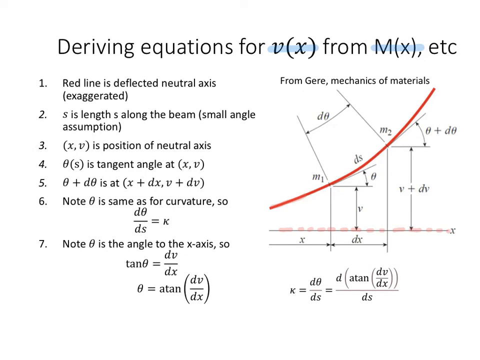And so v, at a position x and at height v, is this position here, x comma v. That's the position of the neutral axis at s. And then at s plus ds, we'll move to a position x plus dx and a height v plus dv.